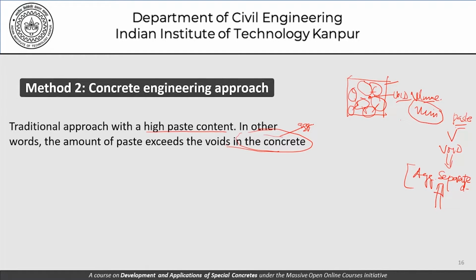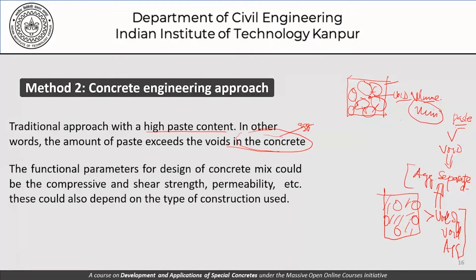So to me, concrete has aggregates which are suspended in mortar. They are separated from each other, and therefore the volume of paste that I have is obviously greater than the volume of voids in the aggregate system. This is something we have explained and discussed several times, and it comes up again as we discuss the concrete engineering approach to proportioning of roller compacted concretes.